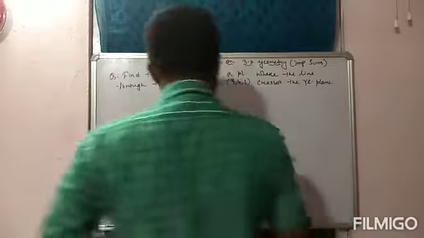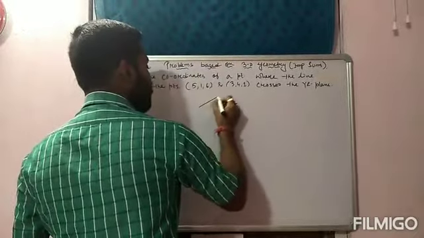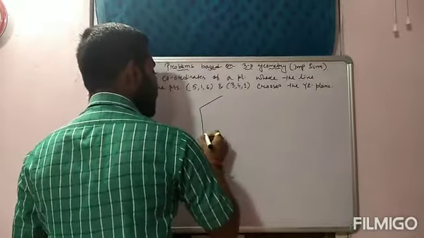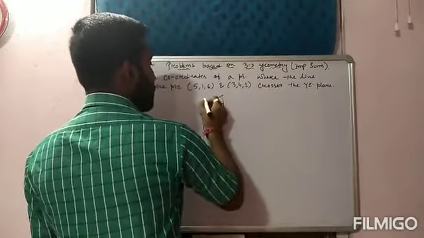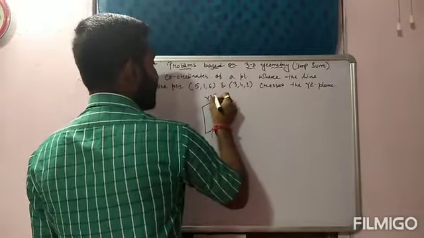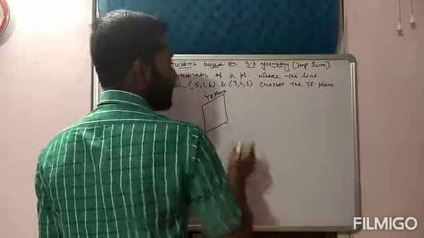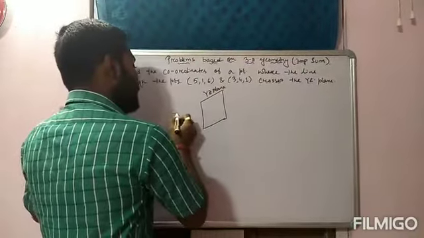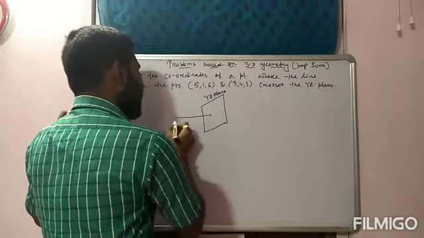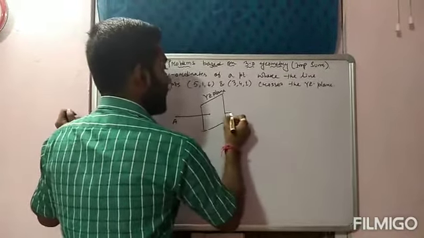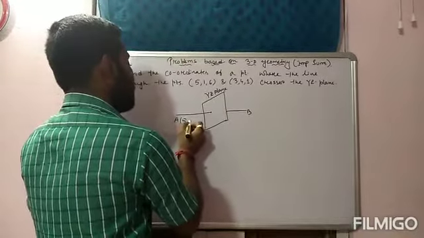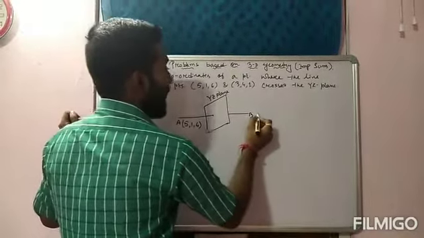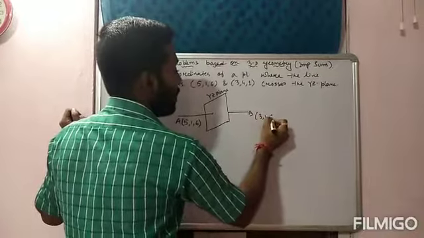plane. तो इसका डायग्राम कैसा हो सकता है? This is suppose YZ plane. There is a line which is passing through the points say 5, 1, 6 and 3, 4, 1.